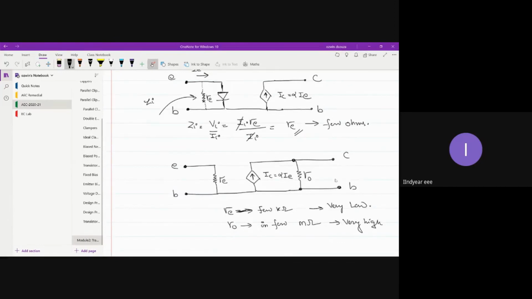Why very high? Because the C and B layers will act like almost a perfect insulator. In case of an insulator, resistance is very high, and over here the resistance is usually found in the range of mega ohms, because that base layer is lightly doped.